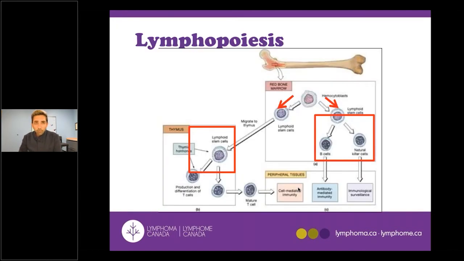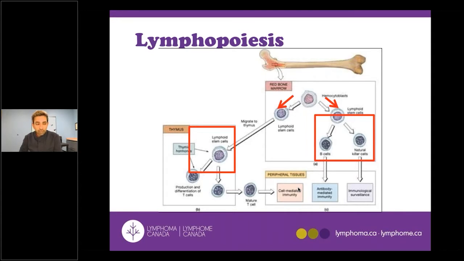So before we begin to know about lymphoma, it is always important to know about the basics and where lymphoma comes from. Essentially, everyone has a hematopoietic system, which consists of our blood cells. Our blood cells are made initially in our bone marrow. And as you may already know, there are different types of blood cells.